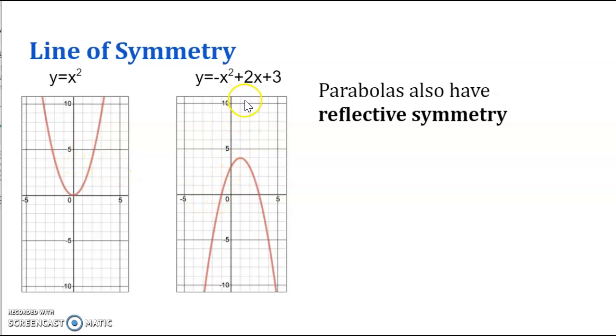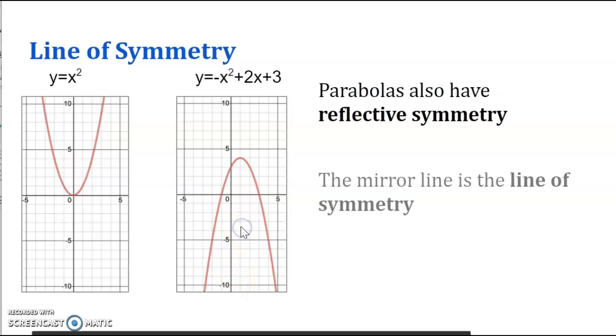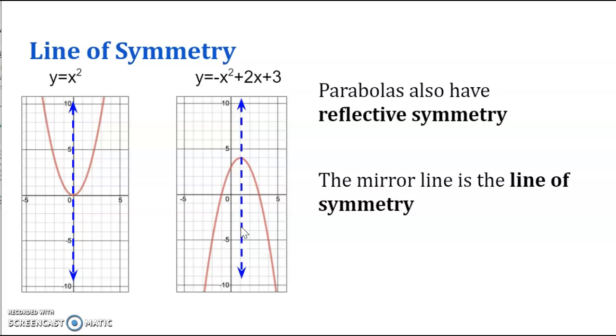If I folded it in half where the equation is x is equal to 1, that would be the equation of the line, then it would match up. That mirror line is called the line of symmetry. The equation for this blue line will be x is equal to 0, and the equation for this line is x is equal to 1.